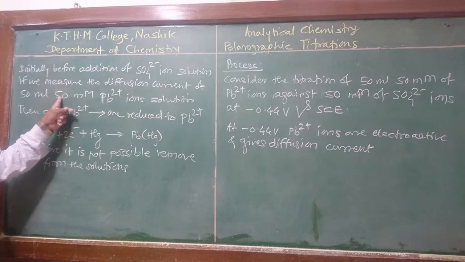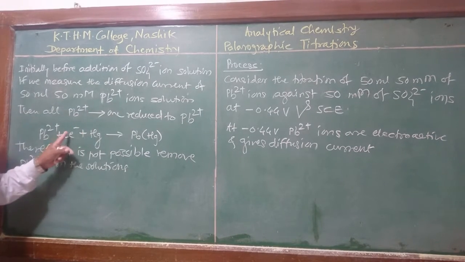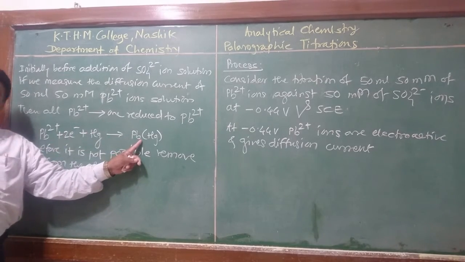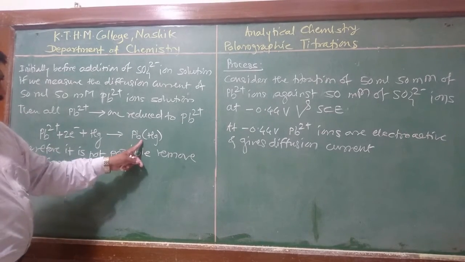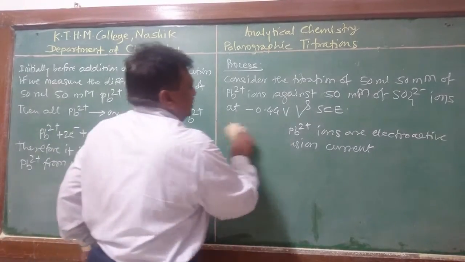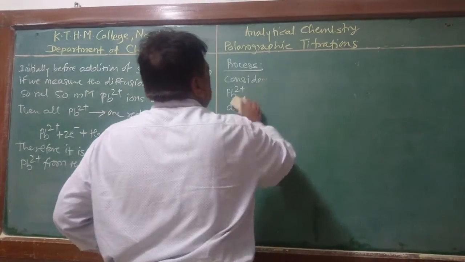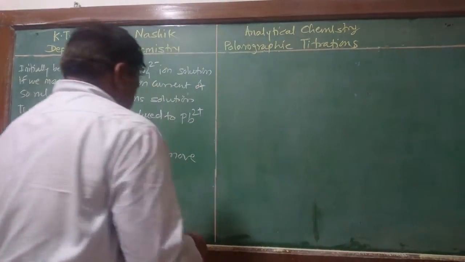Total 50 ml, 50 millimoles of Pb. When we measure the diffusion current of this, total lead gets converted to lead amalgam. Therefore, alternatively, this polarographic titration is carried out by using different aliquots of sample solution.